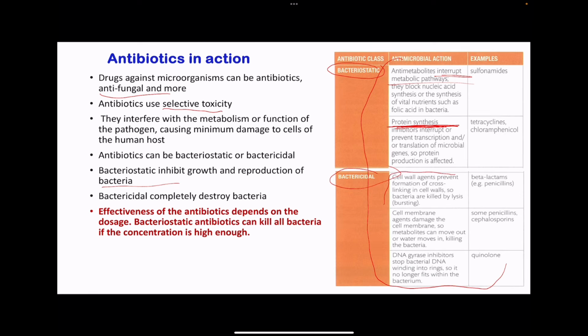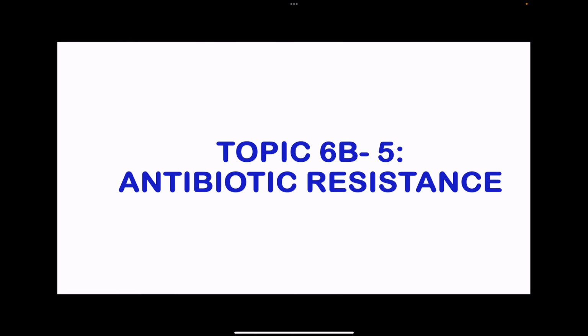Others can have connections with how the cell wall forms, preventing cross-linkages, and this is going to cause bacteria to take up water excessively, causing them to burst, and so many more. We have DNA gyrase inhibitors. These can stop DNA from winding into rings, and so it will not be able to fit into the bacterium, and therefore the cells will die.